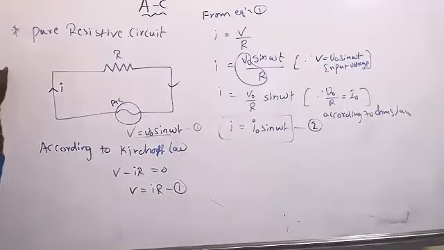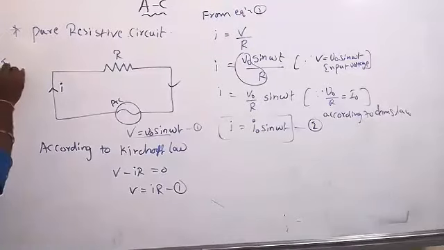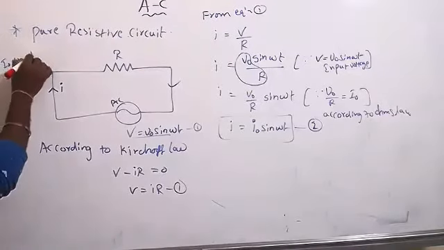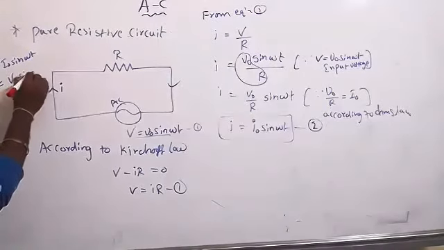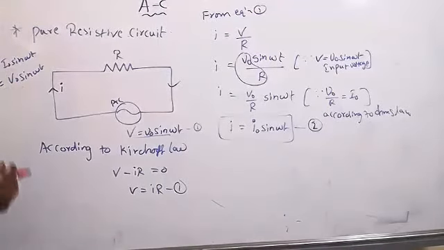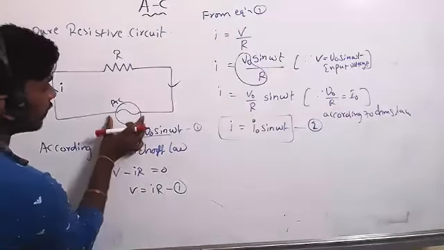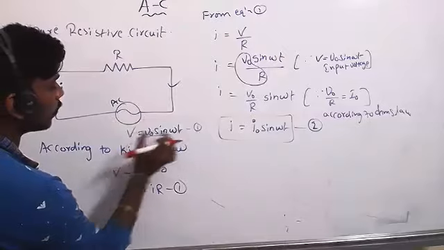In that, the generator current we got is I equal to I naught sine omega t, and the voltage we write as V naught sine omega t. So which voltage is this? AC voltage, because we discussed the AC generator. So here I have given AC voltage V naught sine omega t.